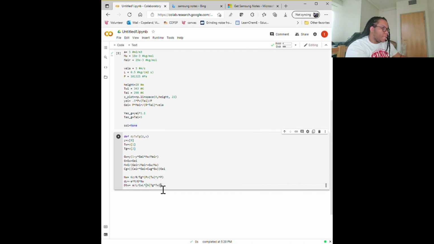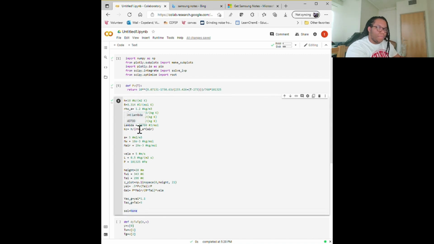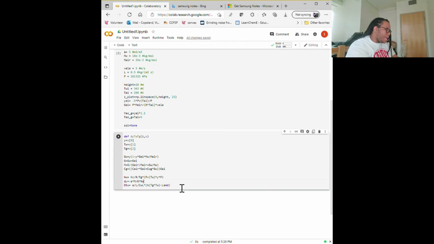I call it lambda. I'll call this lamb. Multiplied by our mass flux, molar flux. Excuse me.